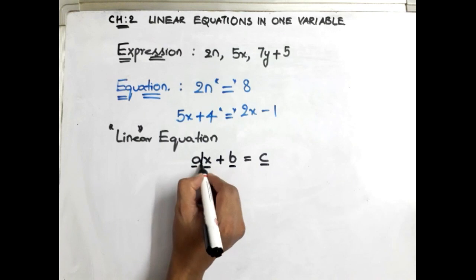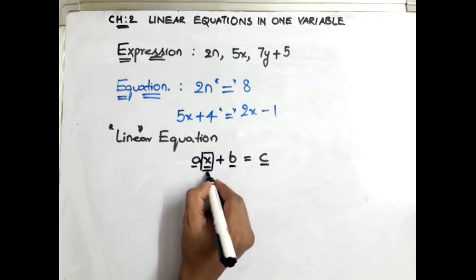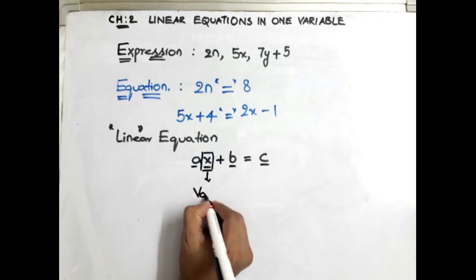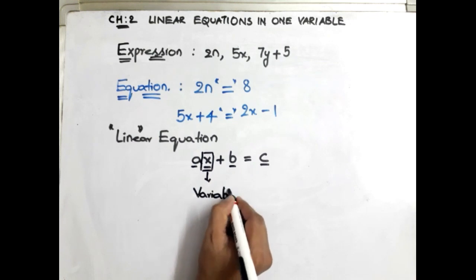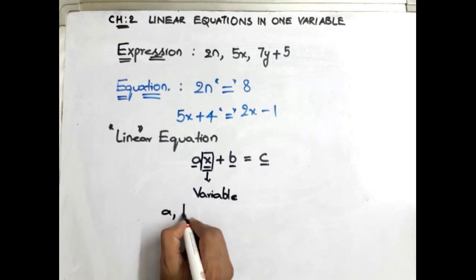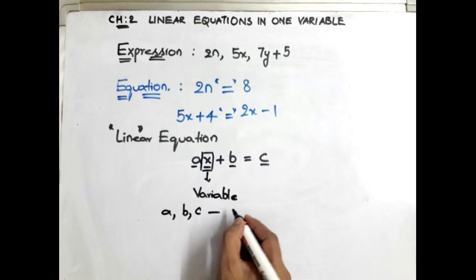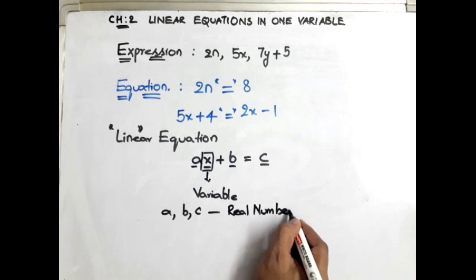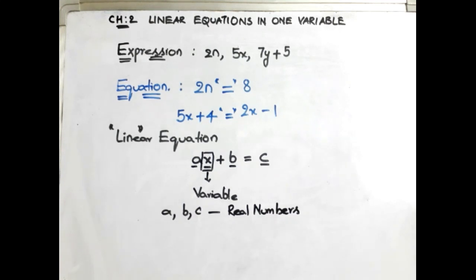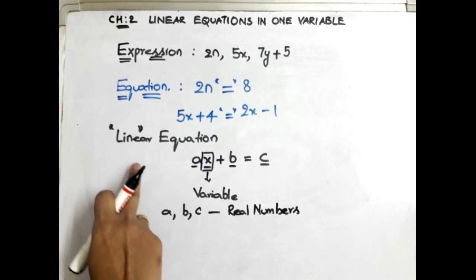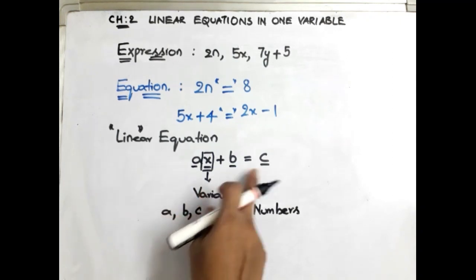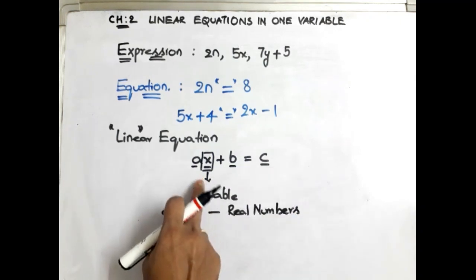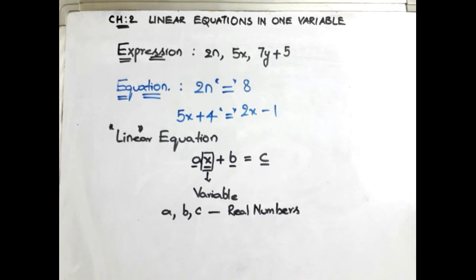Usually x will be counted as a variable, and a, b, c can be real numbers, that means whole numbers, integers, fractions. So the general form of a linear equation is ax plus b is equal to c, where x is a variable and a, b, c can be real numbers.